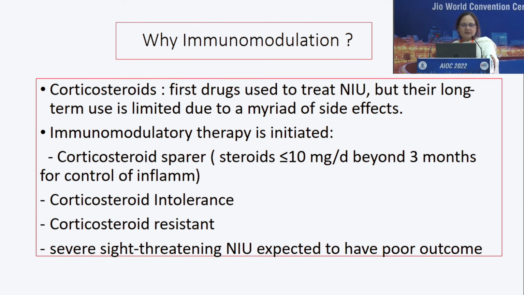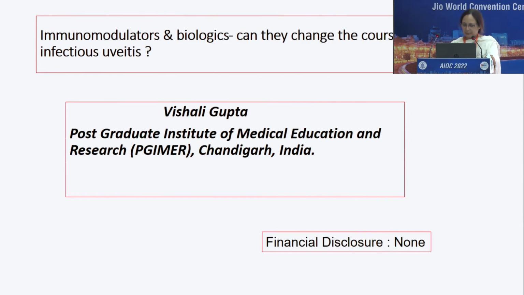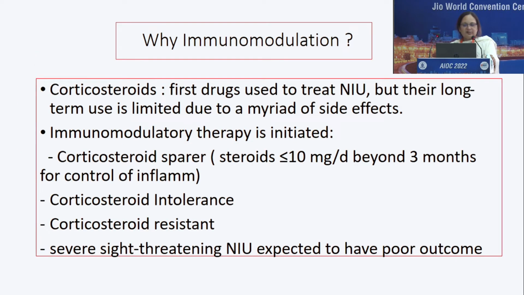Now, before we start talking about changing the course, the basic question: why immunomodulate? Corticosteroids, as we all understand, are the first drugs we use in non-infectious uveitis, but when we use them on a long-term basis, there are lots of side effects.